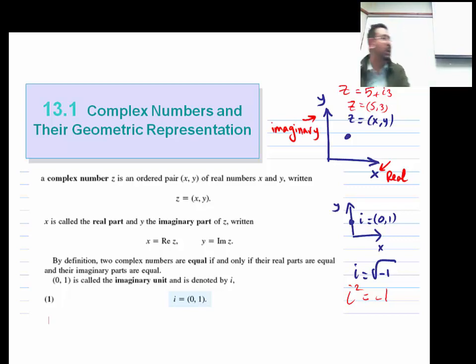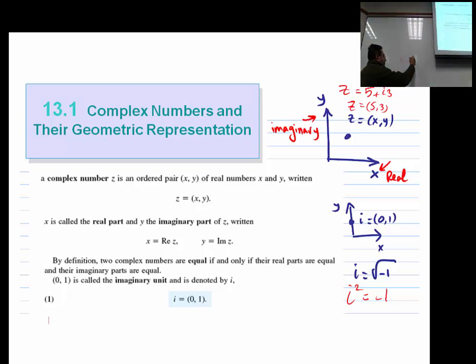So the problem would be something like this. 5 is len z, where z is a complex number, or sine z equals 5. And then I'm asking what is that z in terms of x plus iy.